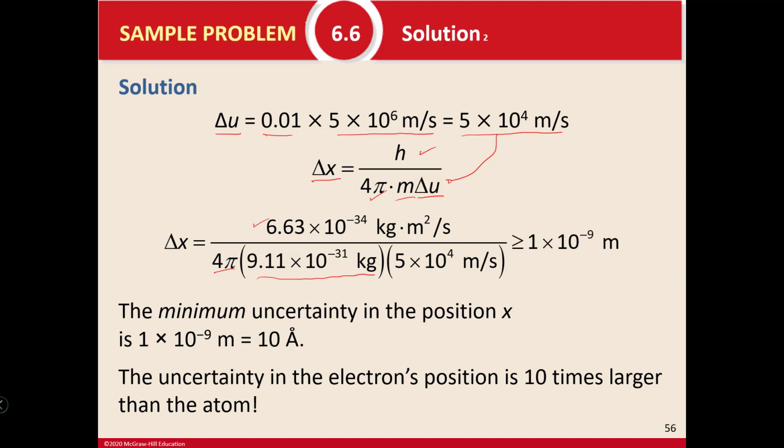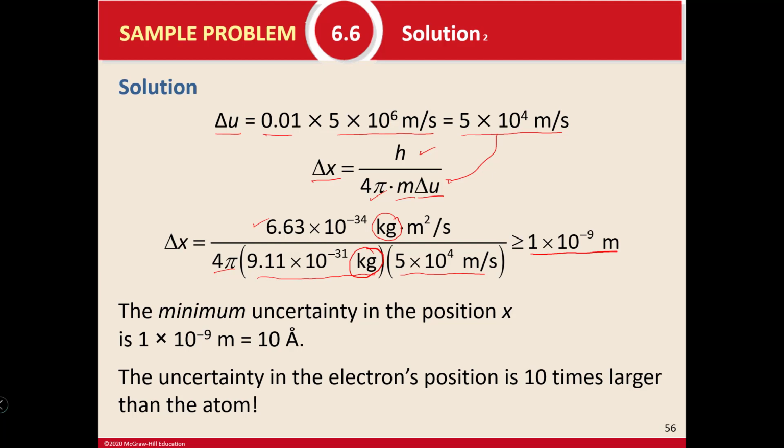Why is this in kilograms? Because this is in kilograms up here. Remember, it's joules, and we have to keep our units the same. So those are both kilograms times the variation in velocity. Well, when we calculate this out, this has to be greater than or equal to 1 times 10 to the negative 9th meters.